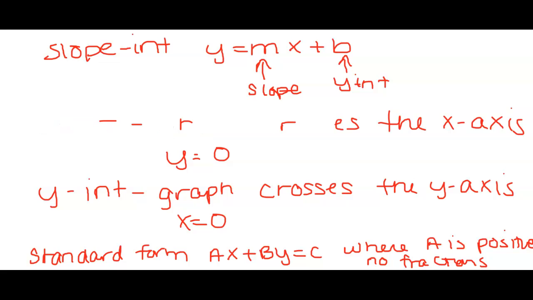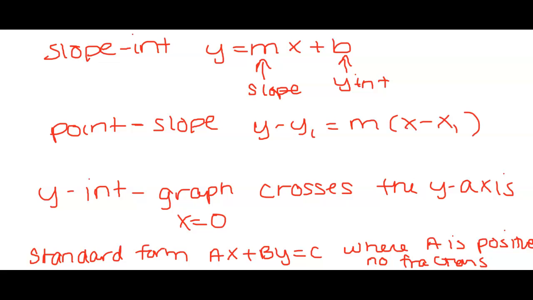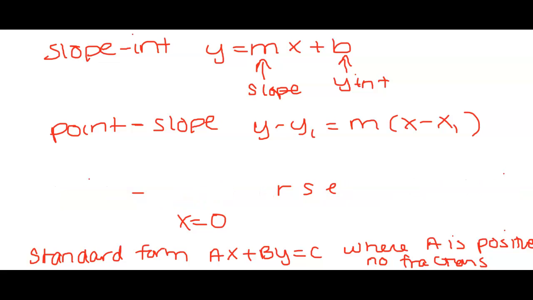And then the last equation you need to know is point slope. So point slope is y minus y1 equals m(x minus x1). And again, my m value is my slope.